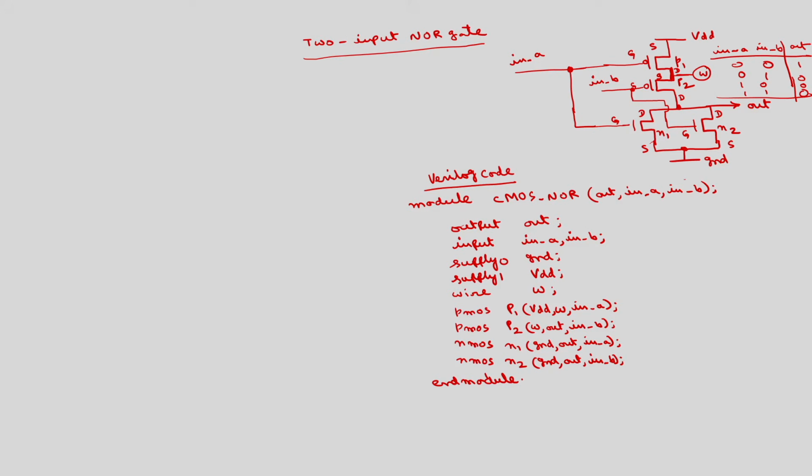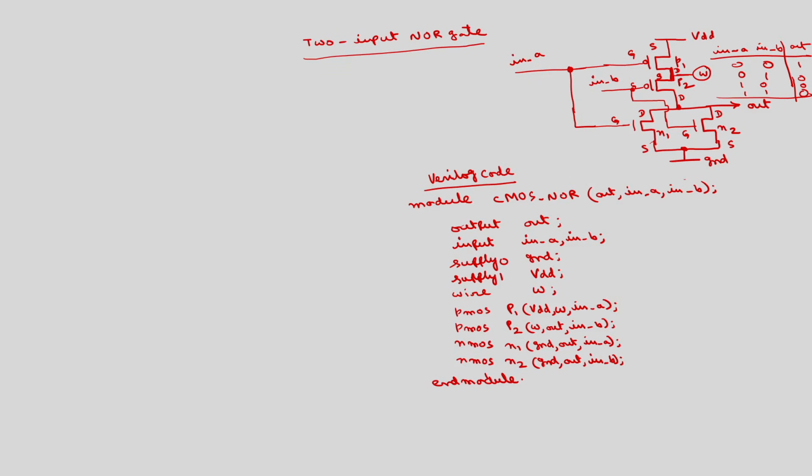So, like this you can verify the Verilog code corresponding to the NOT gate, NAND gate and NOR gate, but any Boolean function can be represented in terms of these NOT, NAND and NOR gates. Okay.